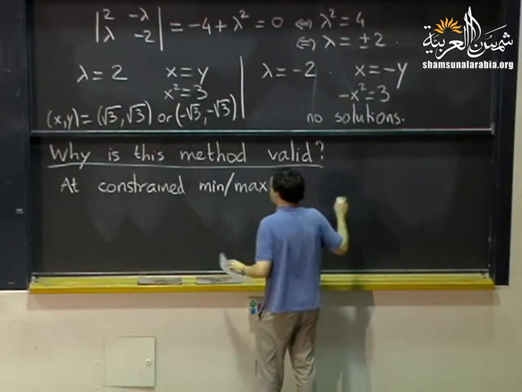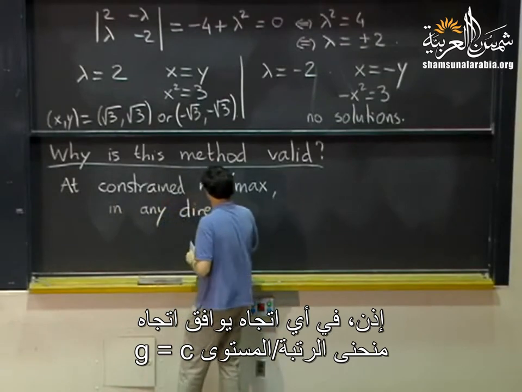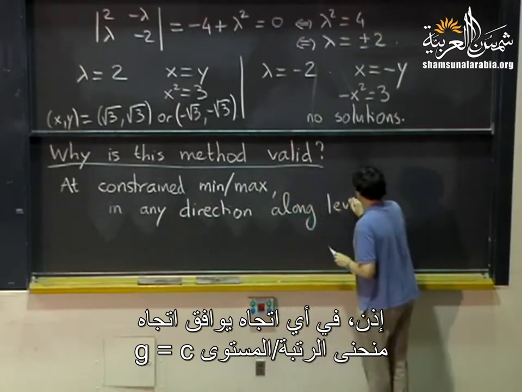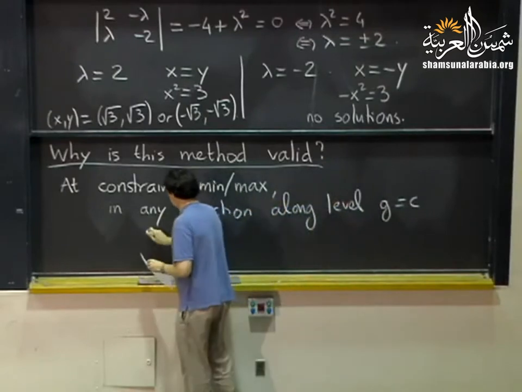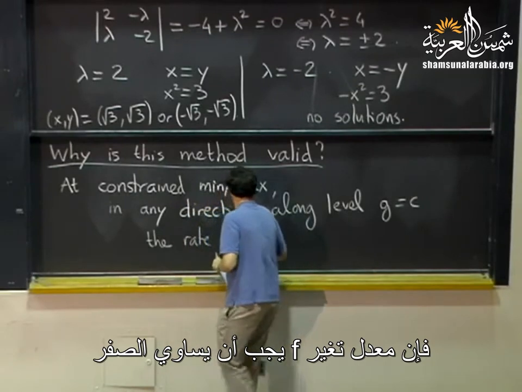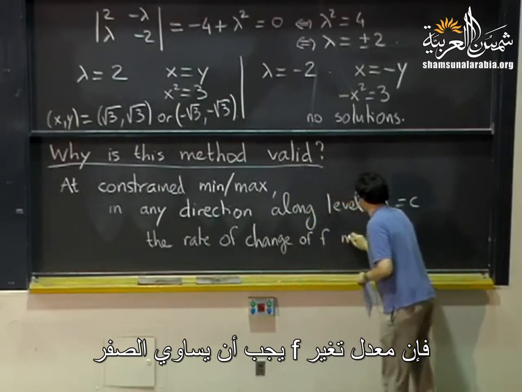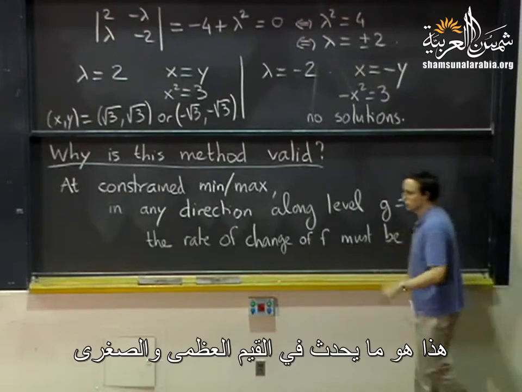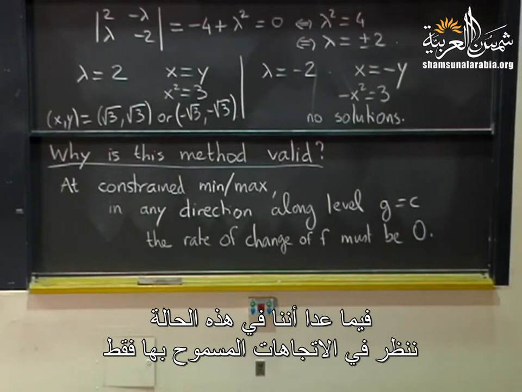So in any direction along the level set g equals c, the rate of change of f must be 0. Except here, of course, we look only at the allowed directions.